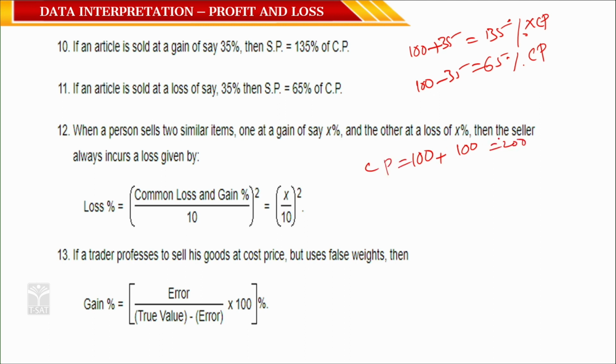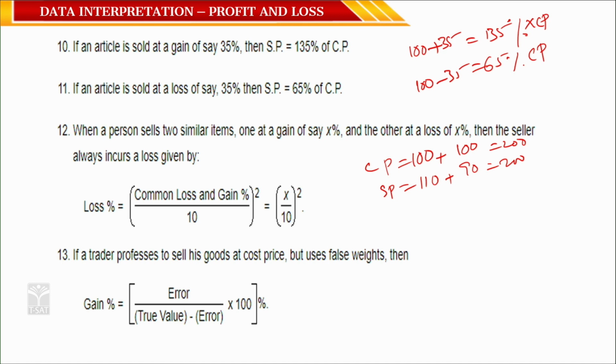You sold the first one at 10% profit, means the selling price of the first one is 110. You sold the second article at 10% loss, means 90, correct? So, 110 plus 90 is 200. Okay. So, those were 2 different articles.